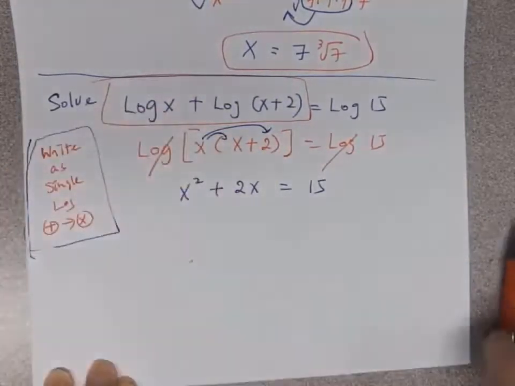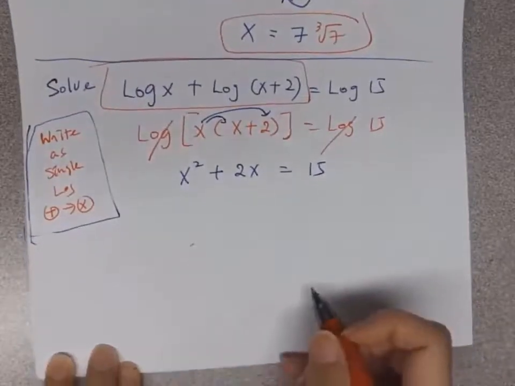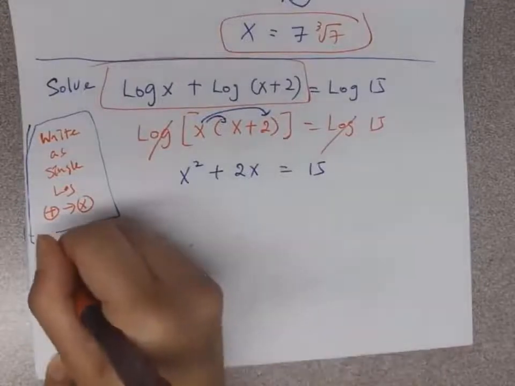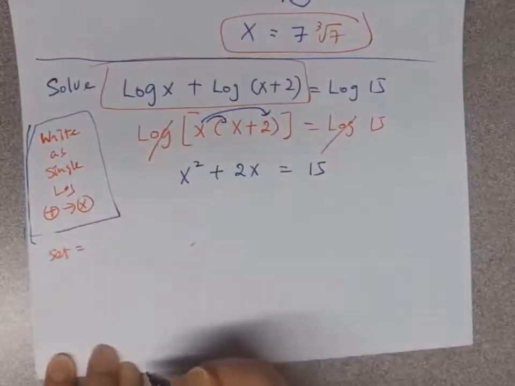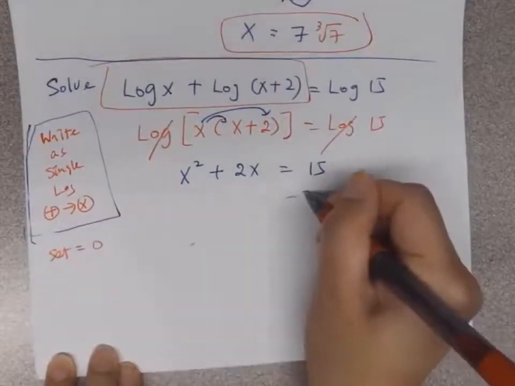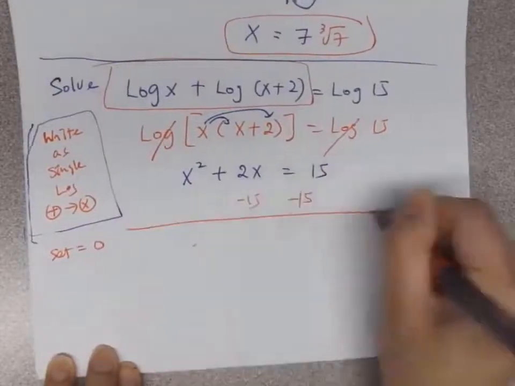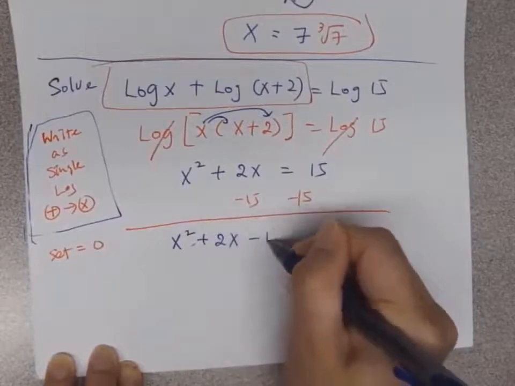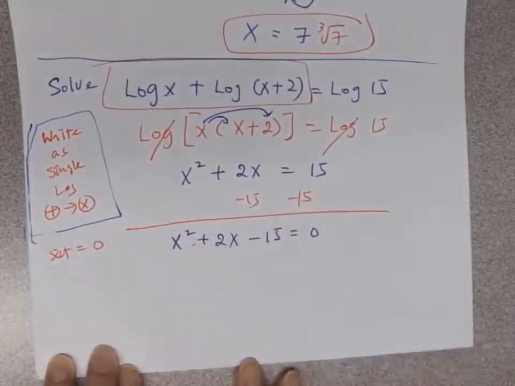I'm solving for x, so I need to set this equal to 0 by moving the 15 to the other side. So x squared plus 2x minus 15 equal to 0. Is that okay?